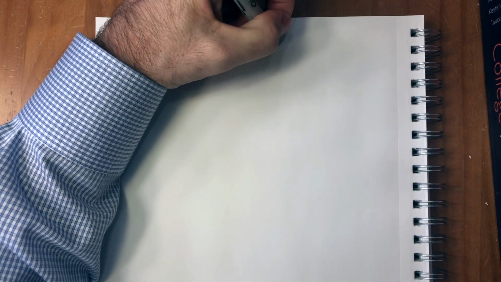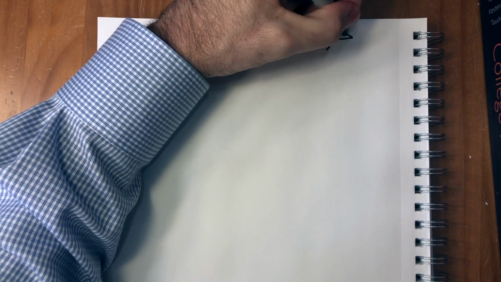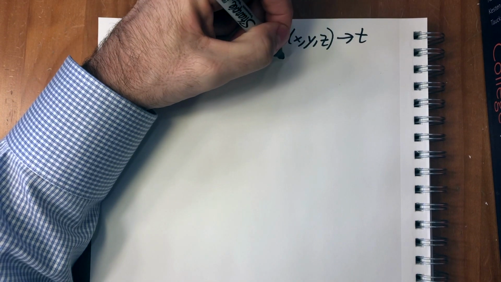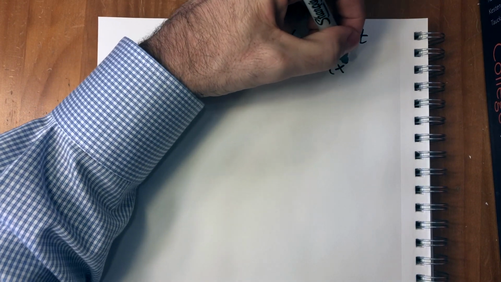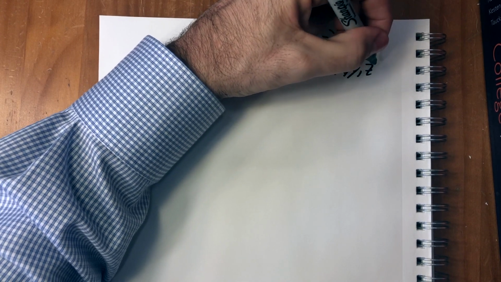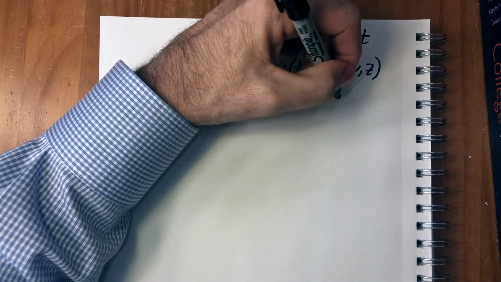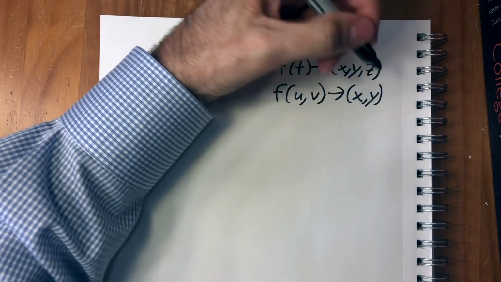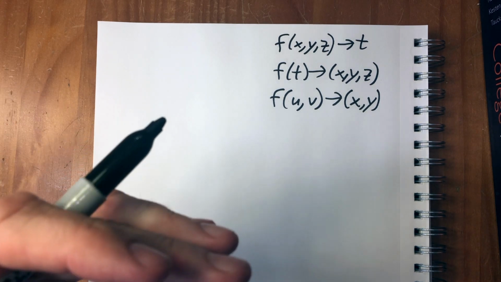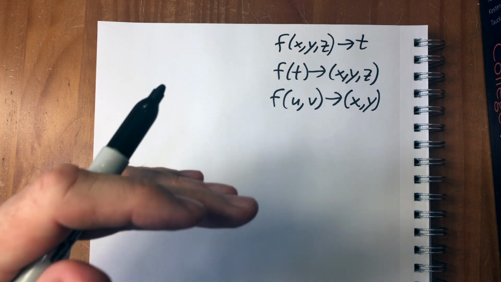When we say multi-dimension, we can mean that the domain is multi-dimensional but we're going to a single other dimension, or it could mean the opposite, from one dimension to multiple dimensions, or both together, from multi-dimensions to multi-dimensions. Each one has its own difficulties and characteristics, and they're all related.